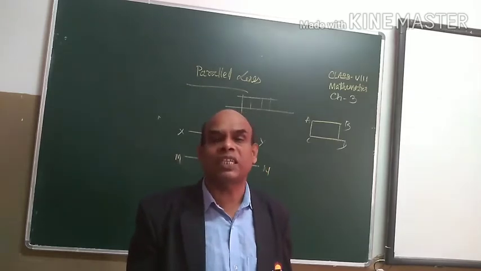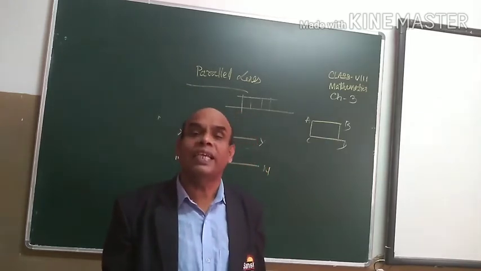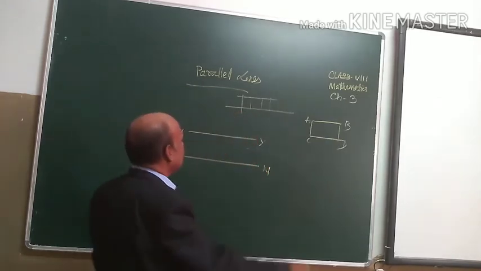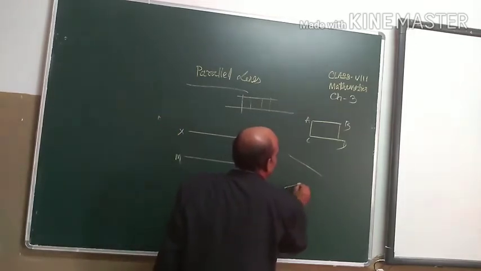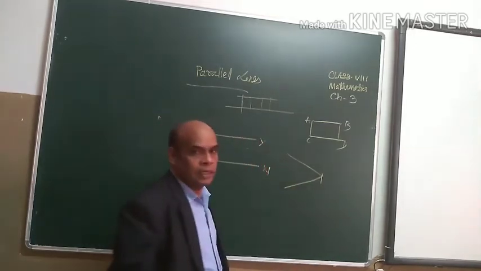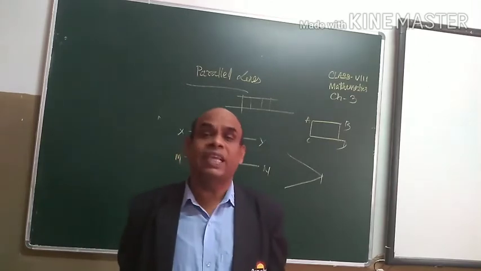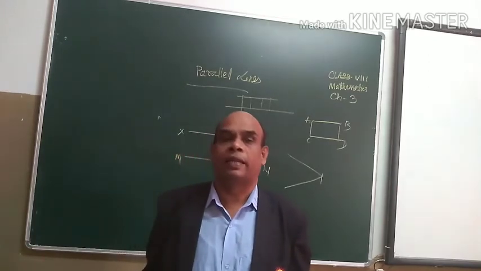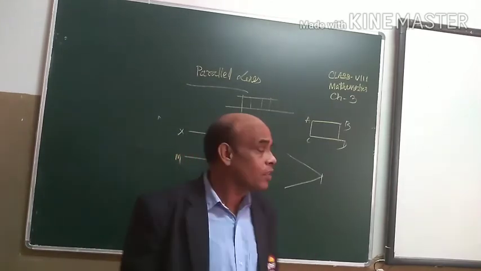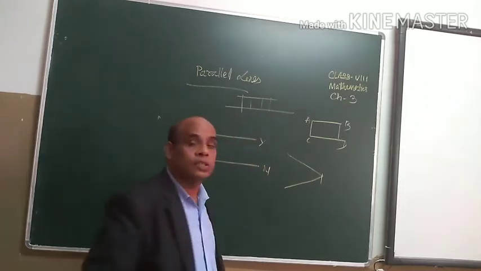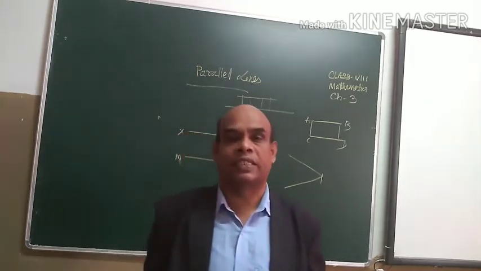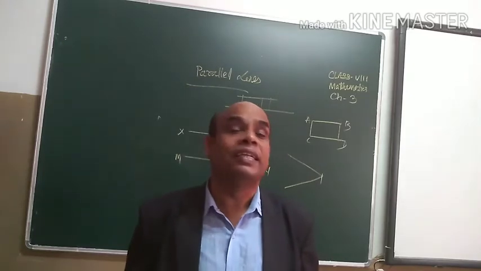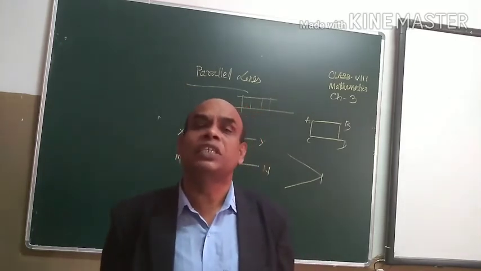And you can say another definition: whenever two lines never intersect each other, then they are parallel. You see here, if two lines intersect at any point, then they are not parallel. So parallel lines will never intersect each other.